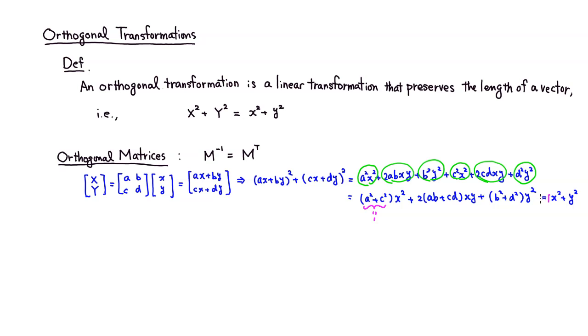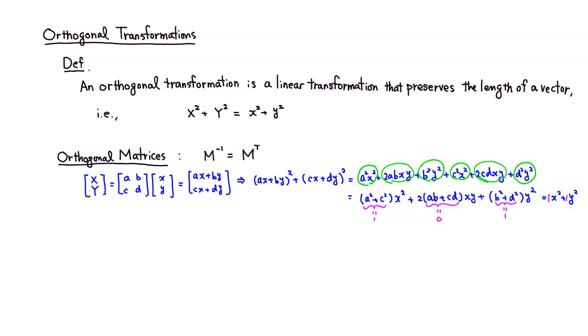And since there's no xy term on the right-hand side, ab plus cd equals 0. And then there's a 1 in front of y squared, so b squared plus d squared is equal to 1. All right, let's keep that in mind.